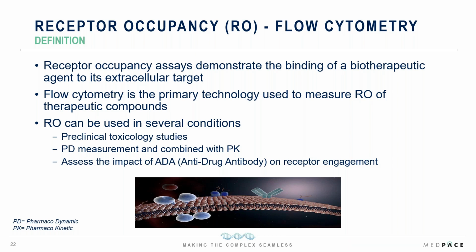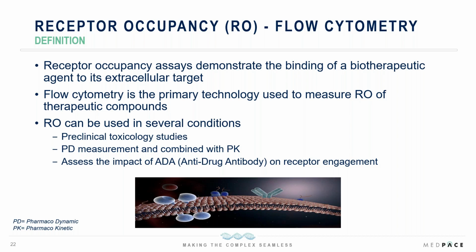Receptor occupancy can also be used to assess the impact of neutralizing anti-drug antibodies, ADA, on receptor engagement, because the issue with these ADA is that they can inactivate the effect of the therapeutic. When we are performing a receptor occupancy assay, we will be able to know the mechanism of action of the drug, so if this mechanism of action is maintained or not.